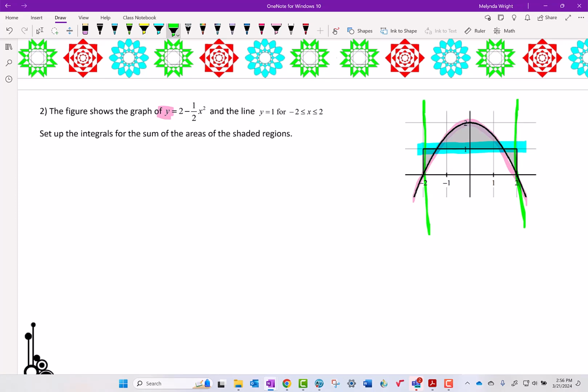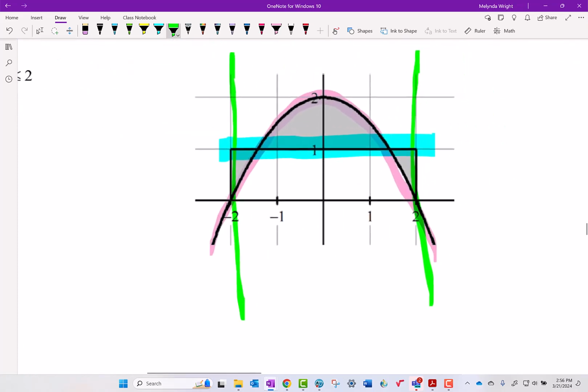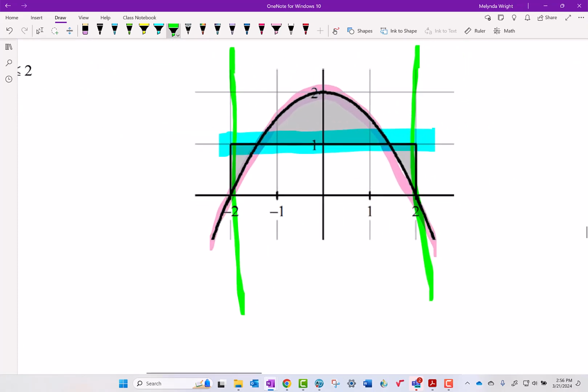All right, so hopefully you can tell by the way that looks that we really have 3 different regions to calculate. You see that? Let's make this a little bit bigger. Right here, and I don't know what this intersection is, but from -2 to whatever this is, which we're going to have to figure out in a second, which one is the big one? The blue one, or the pink one, or the green one?